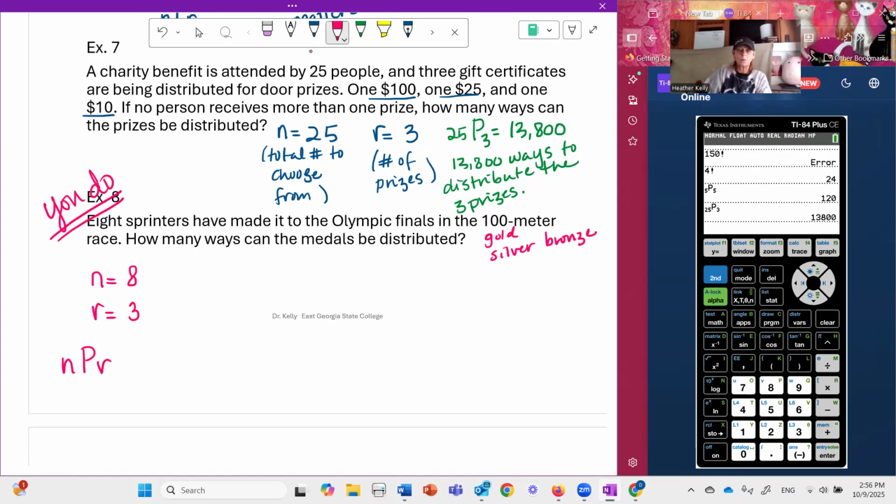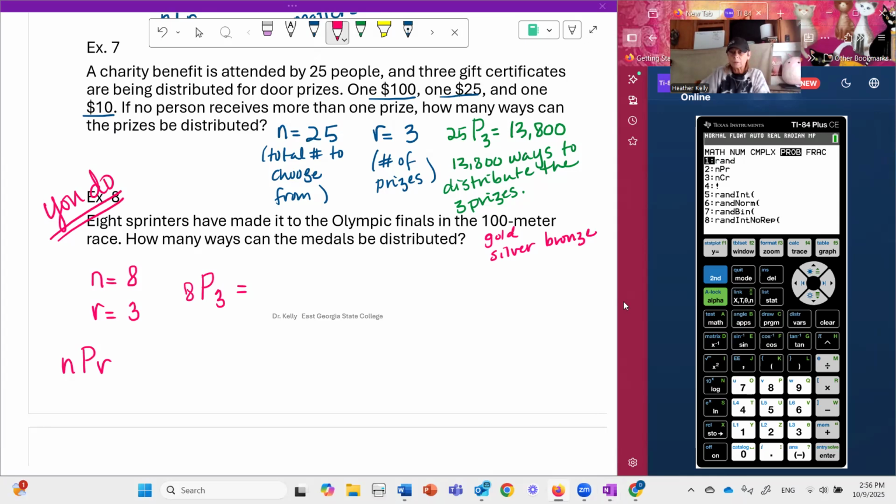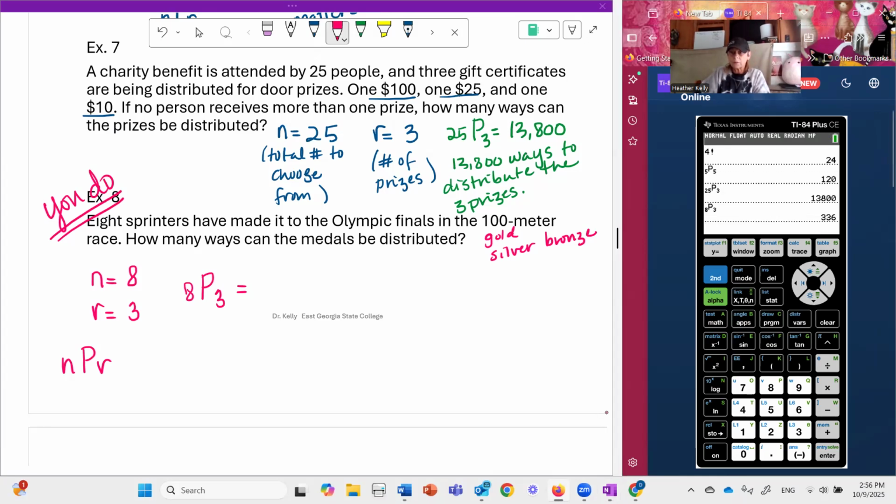All right, so we're going to wind up with 8P3. And that's going to give us, when we do the math, 8, math, over here, enter, 3, enter, 336.